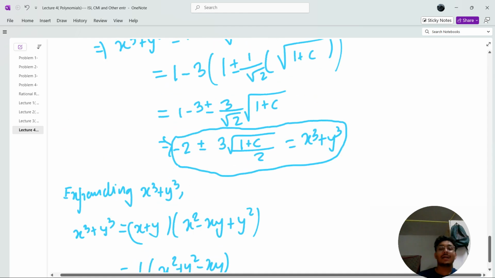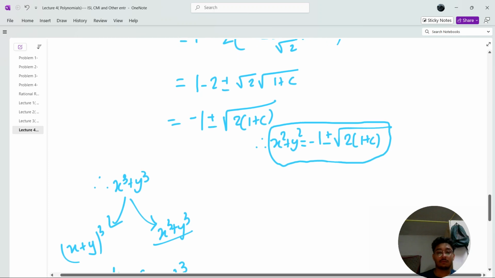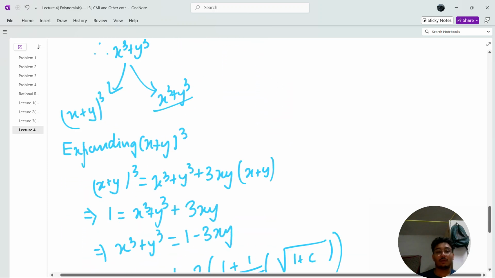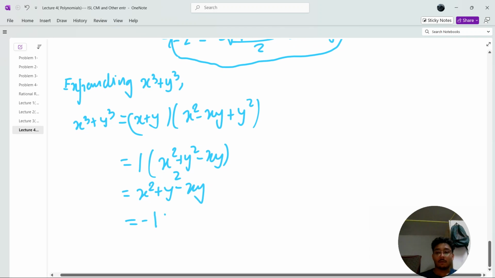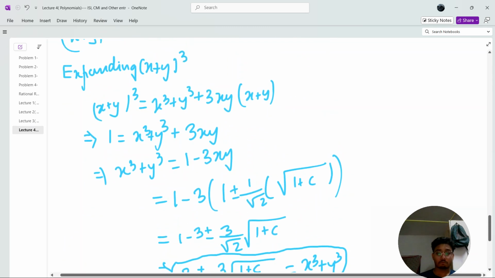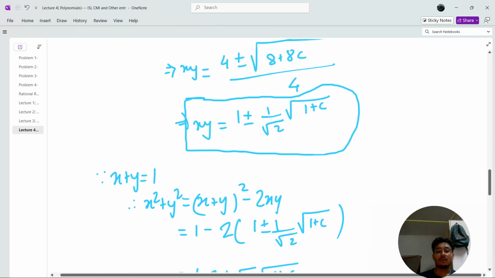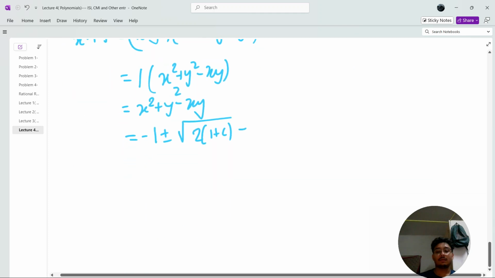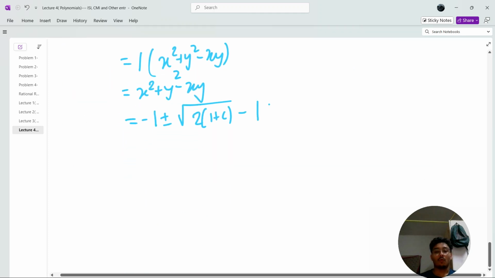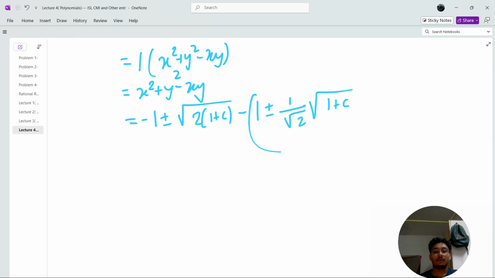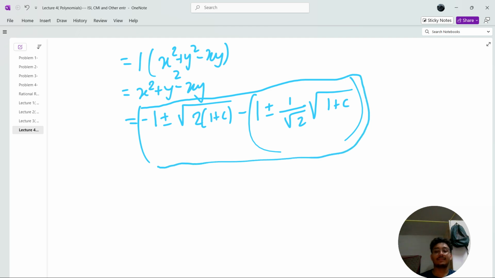I had taken out my x square plus y square, this is minus 1 plus minus root of 2 into 1 plus c. So basically it's minus 1 plus minus root over of 2 into 1 plus c, minus 1 plus 1 by root 2 into root over of 1 plus c. So again, we can find out my answer from here. I am not solving it further since my answer is going to come out the same.